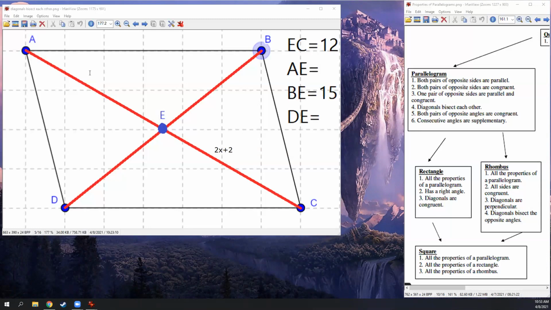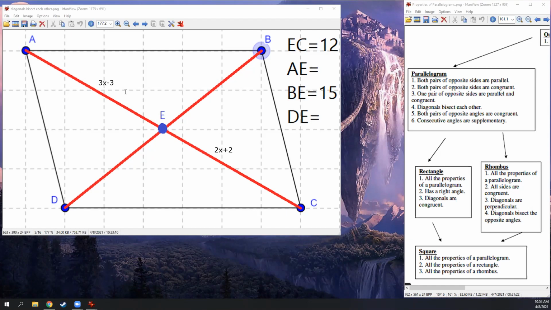And then let's say they gave us AE as 3x minus 3. Right, something simple. And then they say solve for x, which is exactly what I put on the quiz following this. I think everything is solve for x. Sorry if you don't like to do that, but it is what it is.